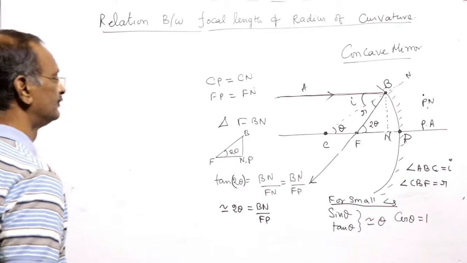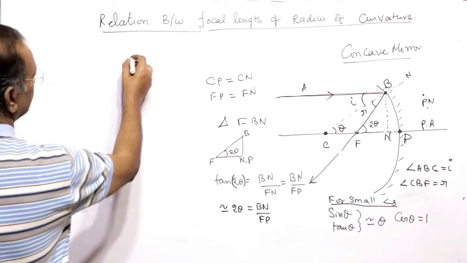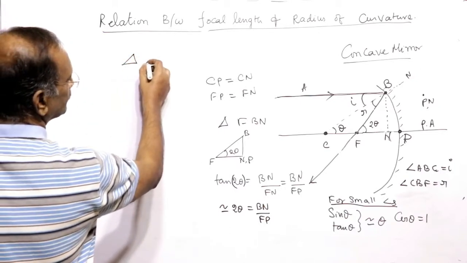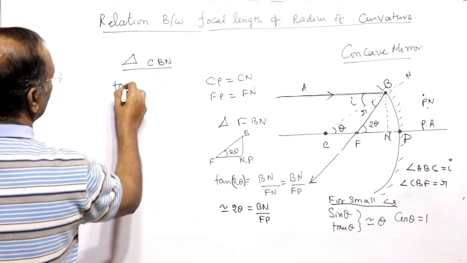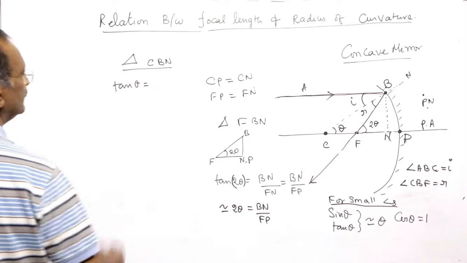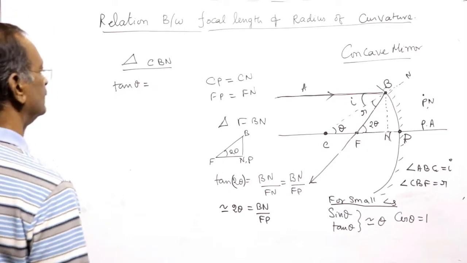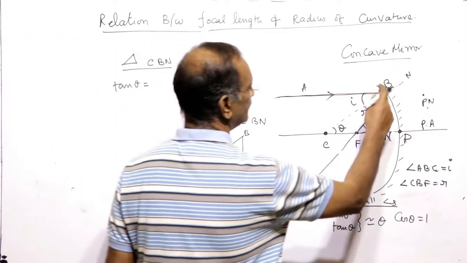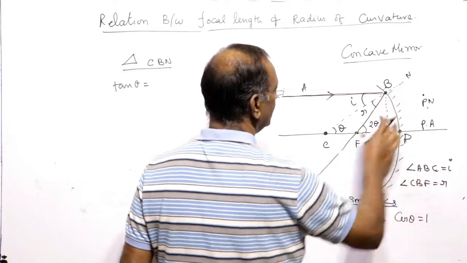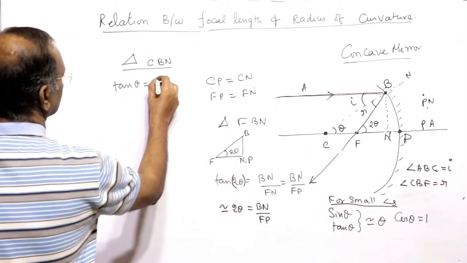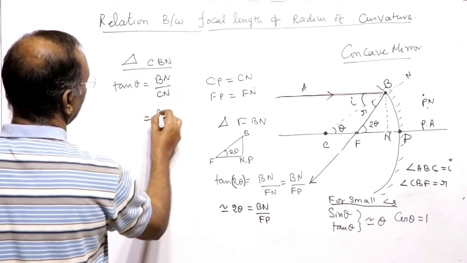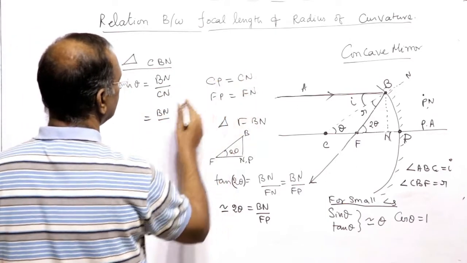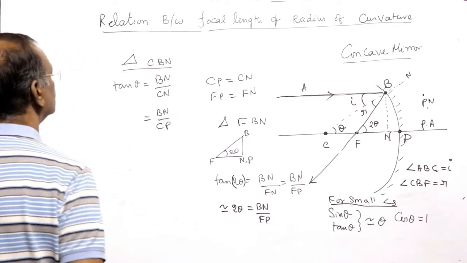Now take the triangle CBN. Tan theta is equal to BN by CN, or BN by CP, since CN is equal to CP.